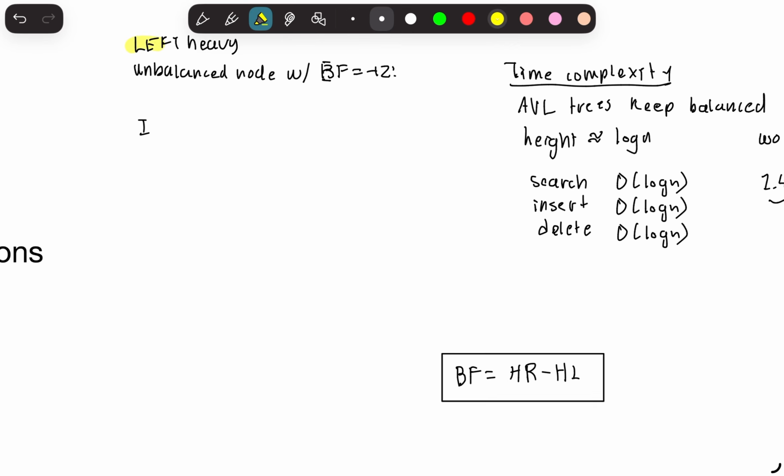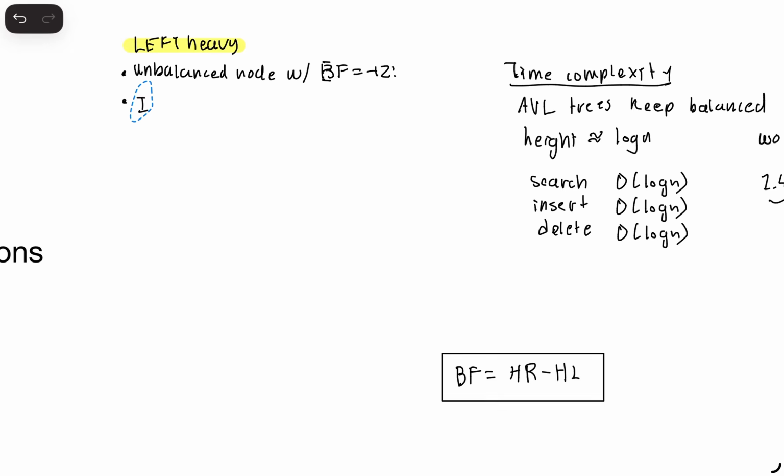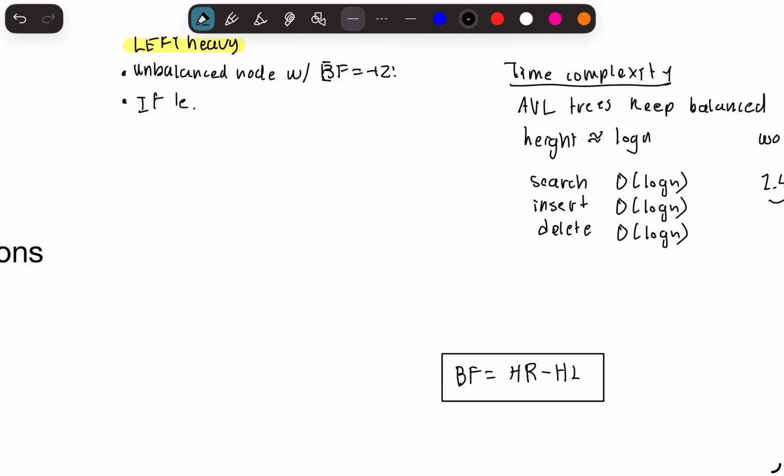If the left child's balance factor is greater than 0, that means it's left-left. If the left child's is less than 0, it's left-right.